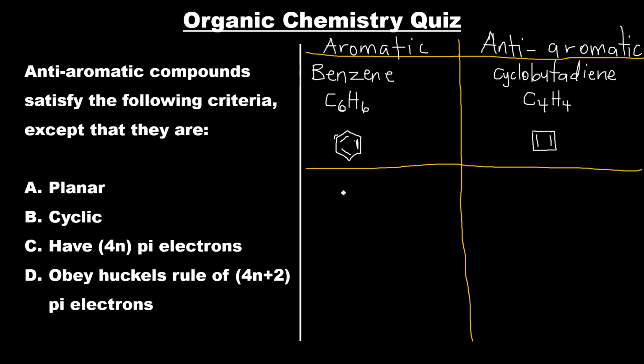So these are the rules required for a compound to be considered either an aromatic or an anti-aromatic compound. And the first rule is that the compound has to be cyclic. And the same thing applies to anti-aromatic compounds. They also are cyclic.